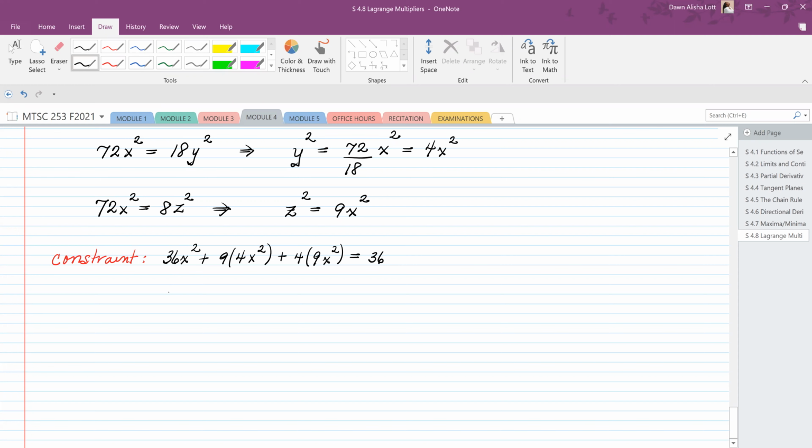So I have 36 plus another 36 plus another 36 x squared is equal to 36. So I get 3 times 36 x squared.